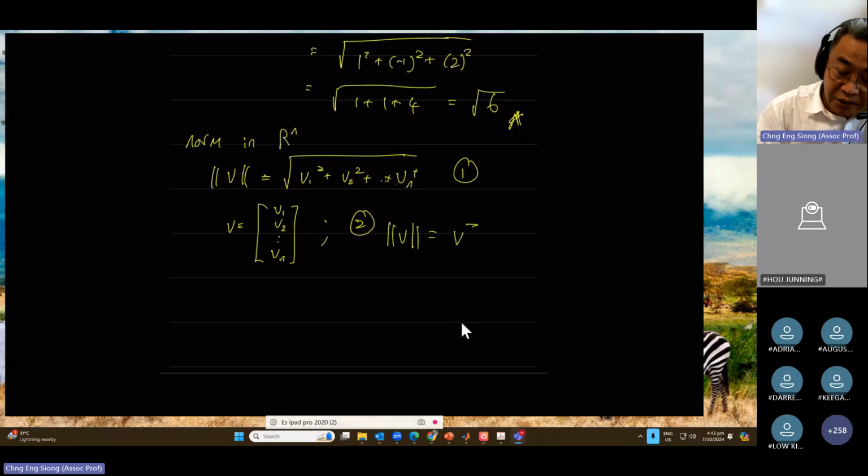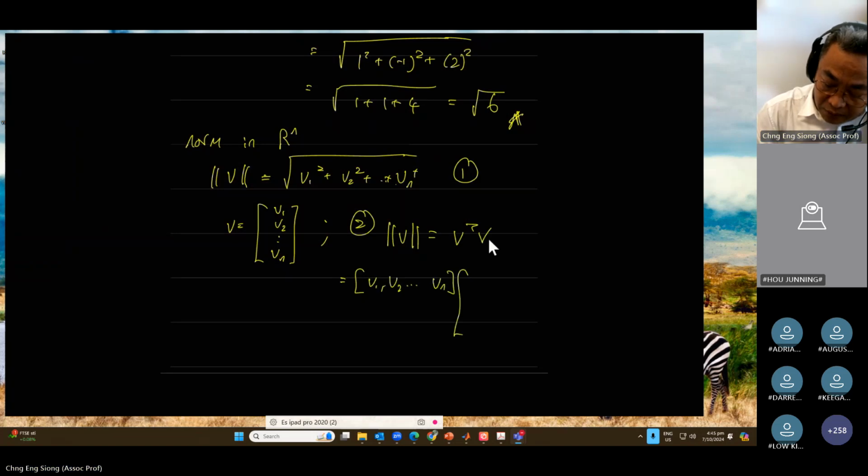V transpose V. So what is V transpose V? V transpose V is a row vector, V1, V2, up to Vn, times the column vector V1, V2, up to Vn. So this is a 1 by n, and this is an n by 1.